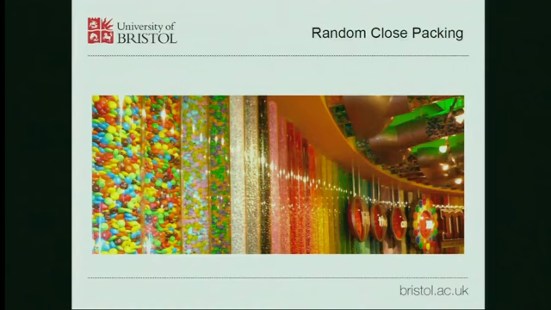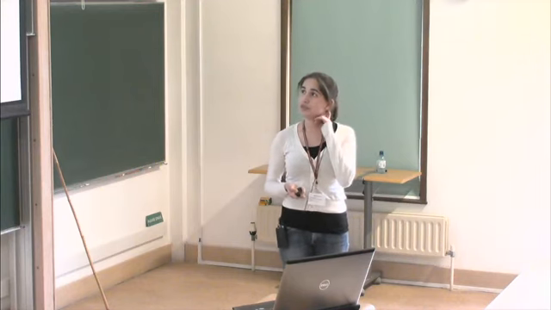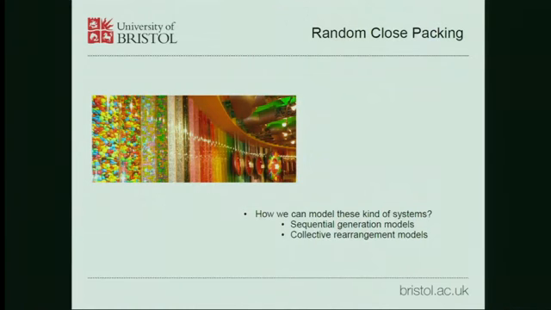So what is random close packing? Basically, it is the highest packing fraction that you can get in an isotropic system. Well, to some degree an isotropic system. There are two main ways of doing this. We can use sequential generation models, or we can use collective arrangement models.